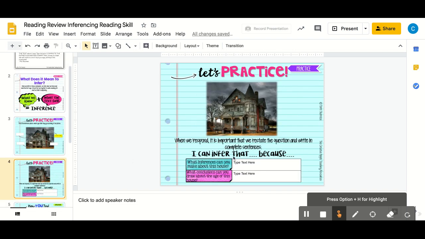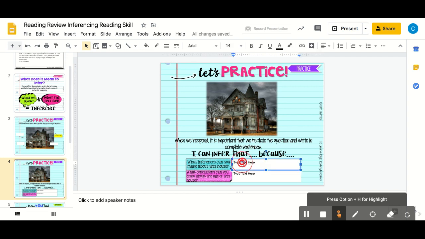Now let's take a look at this. It says, when we respond, it is important that we restate the question and write in complete sentences. I can infer that, so this is your restate, and because we are using full sentences, let's see. What inference can you make about this house? So you would type your text here.